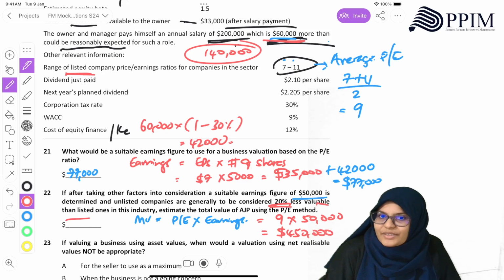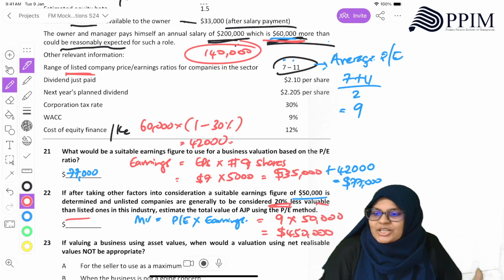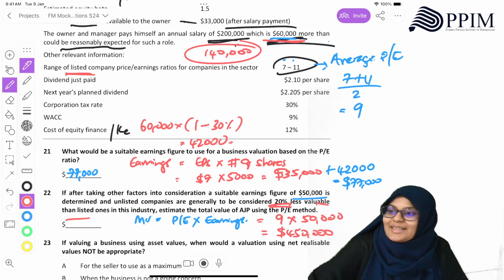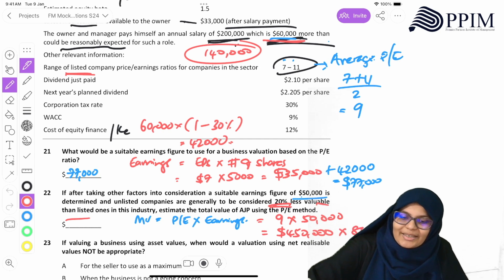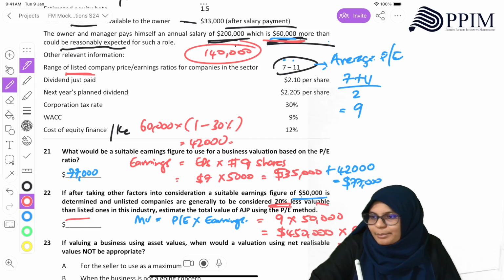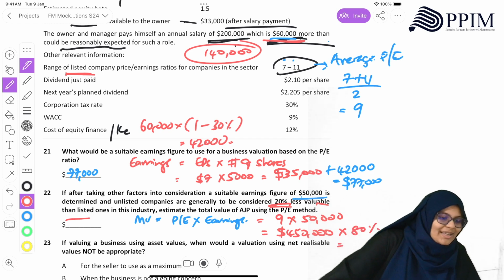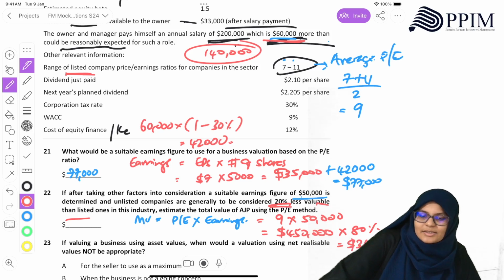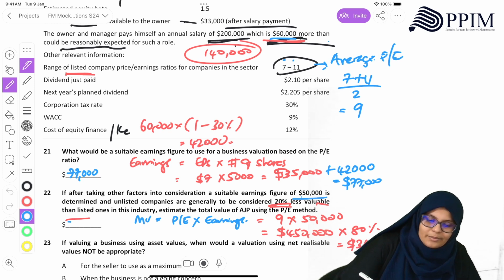So 450,000 is for a listed company, and unlisted means it will be 20% less valuable. So you have to only take 80% of this figure as the market value of this particular unlisted company. So 450,000 into 80% will be 360,000. So that should come here.